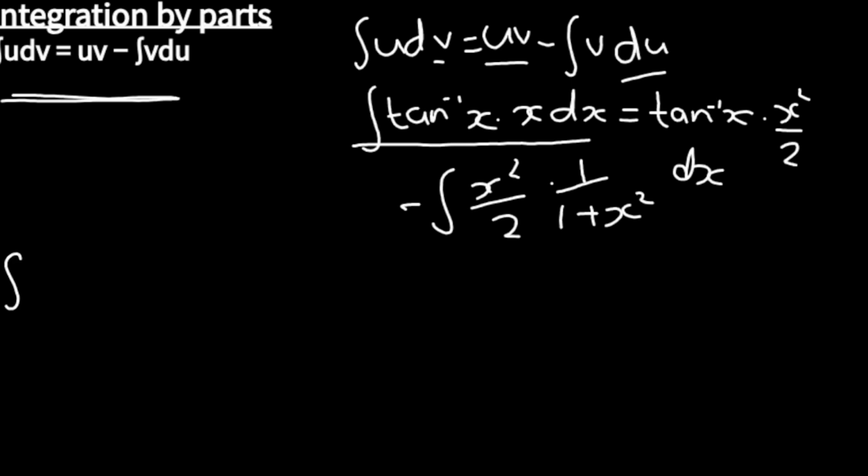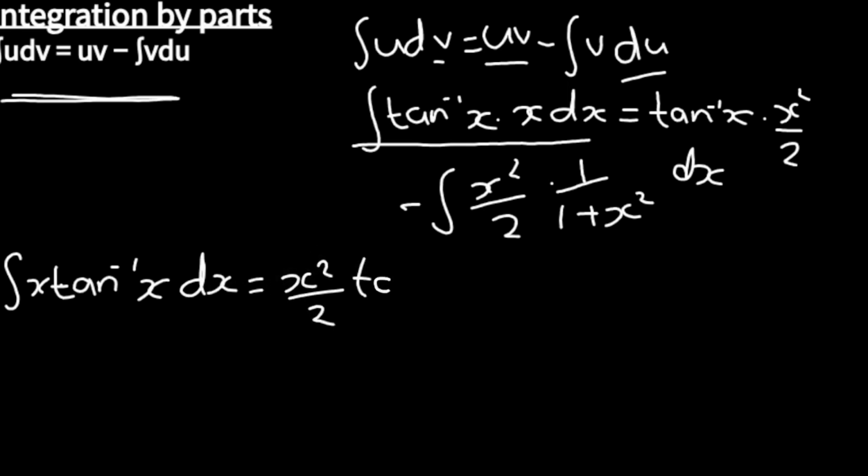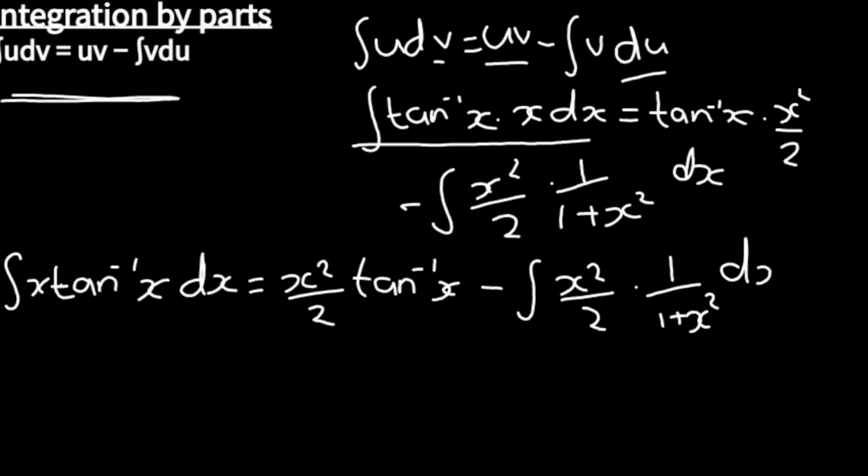So the integral of x arctan x dx is equal to x squared over 2 times tan x inverse, minus the integral of x squared over 2 times 1 over 1 plus x squared dx.